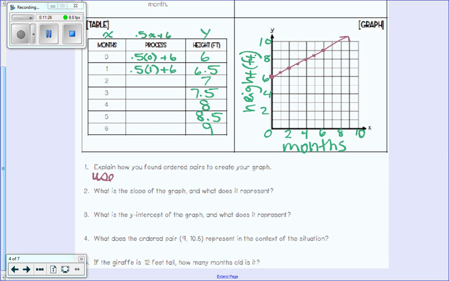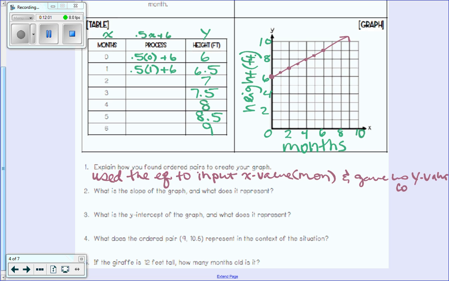We used the equation. What did we do? Use the equation to input our x value, which was represented by months. And that gave us what? We input, and it gives us our output, our y value.